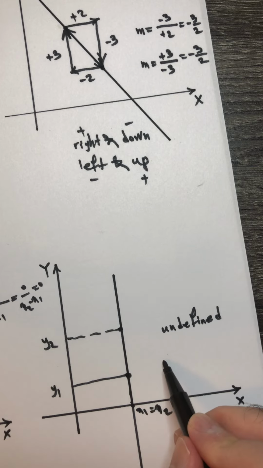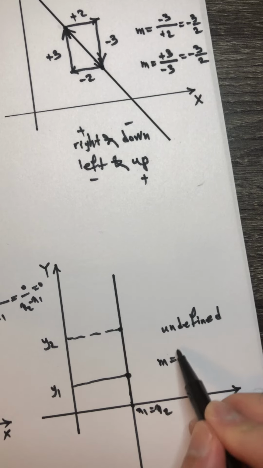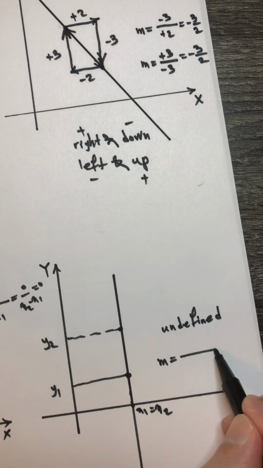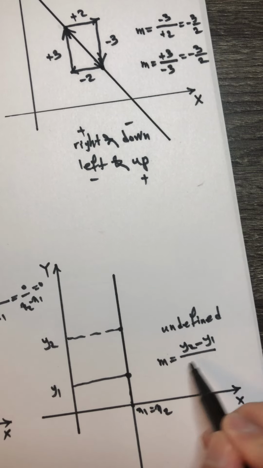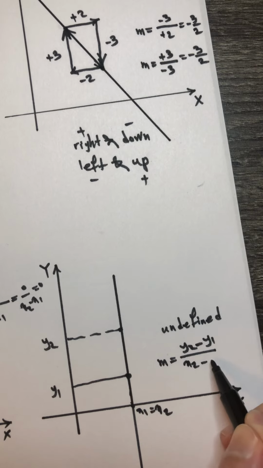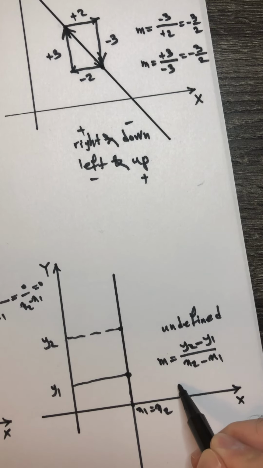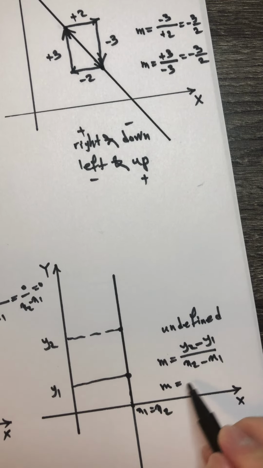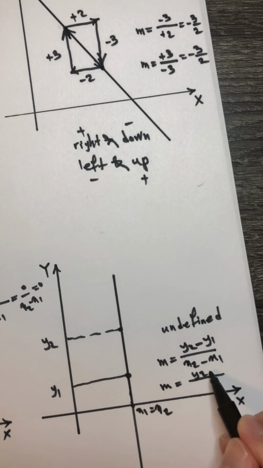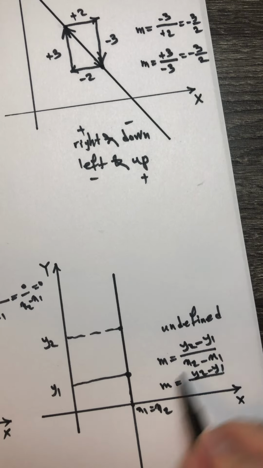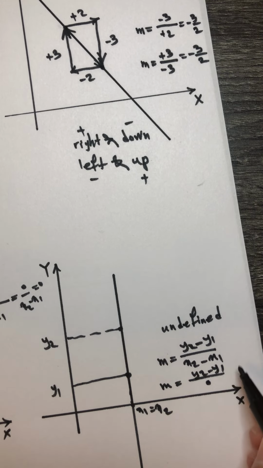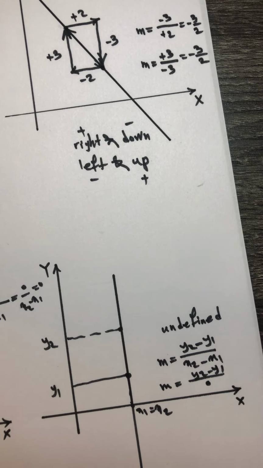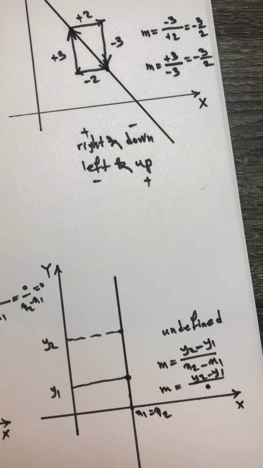Now when we write m for this line using this formula, y2 minus y1 divided by x2 minus x1, x2 and x1 are equal, so the denominator becomes 0, and division by 0 is undefined. That's why the slope of this line is undefined.